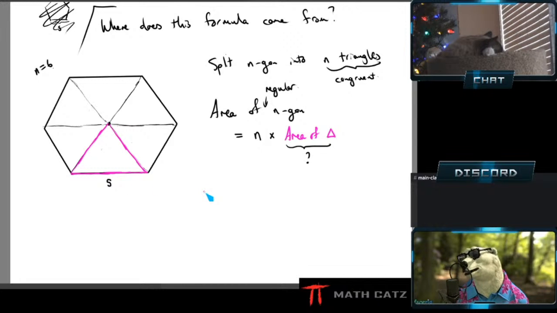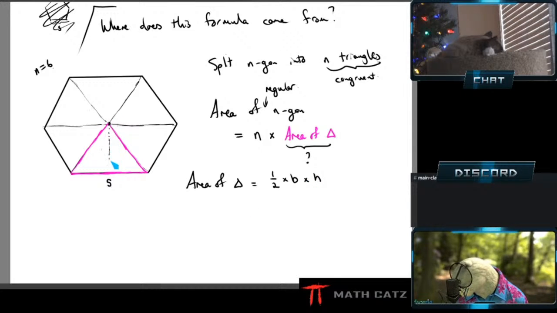Now I understand the area of a triangle. Should we continue in pink? I don't know if it's going to be too much pink, so let's maybe not. So the area of the single triangle is, of course, a half times the base times the height. Throw the height in here.